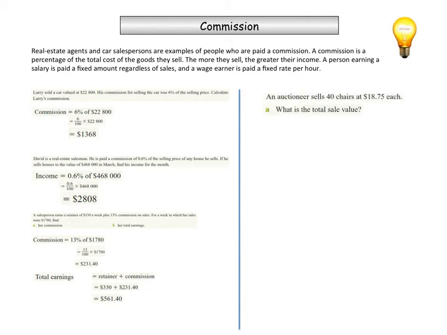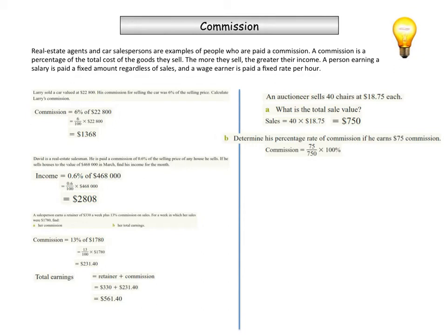Okay, an auctioneer sells 40 chairs at $18.75 each. What is the total sale value? Well, we just need to multiply the 40 chairs by the $18.75. And that gives us $750. Determine his percentage rate of commission if he earns $75 commission.